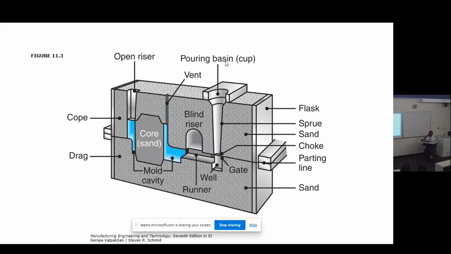So essentially, one more thing is the mold cavity, the one in the blue, and all the other bits of the mold. The molten metal is poured into this basin, and then it flows into the mold and runners and all that. After the metal is solidified, you have to knock down this mold and also remove all the bits and pieces of that.